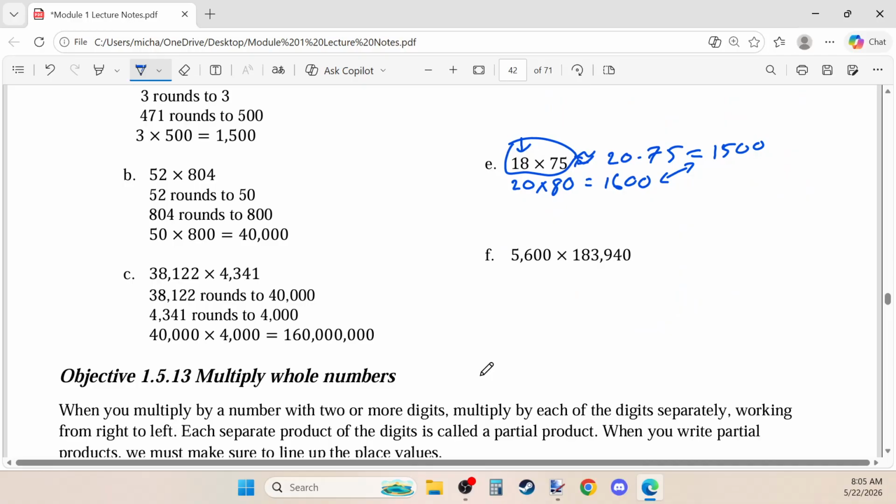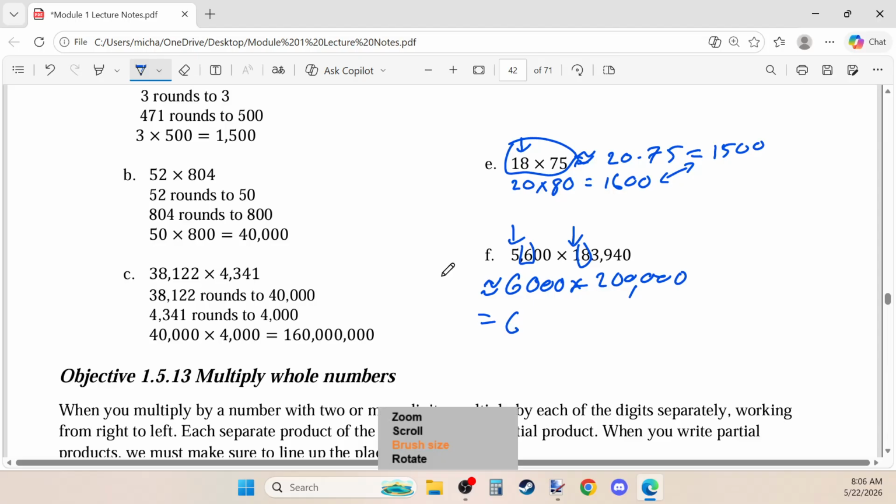Let's front end round this. And let's front end round both numbers. So I'm going to round to here and here. So my checks are there and there. This rounds to 6,000. This rounds to 200,000. So this is approximately equal to that. 6 times 2 is 12.